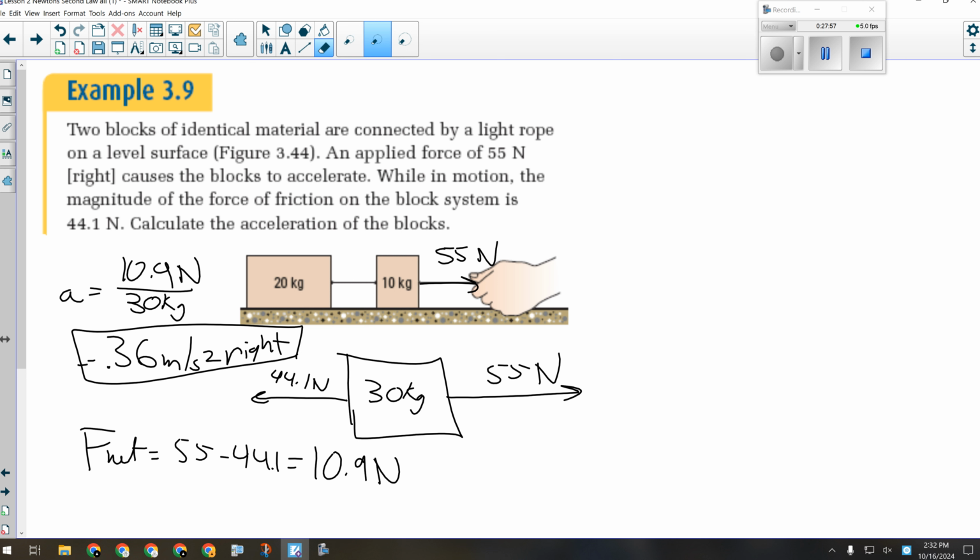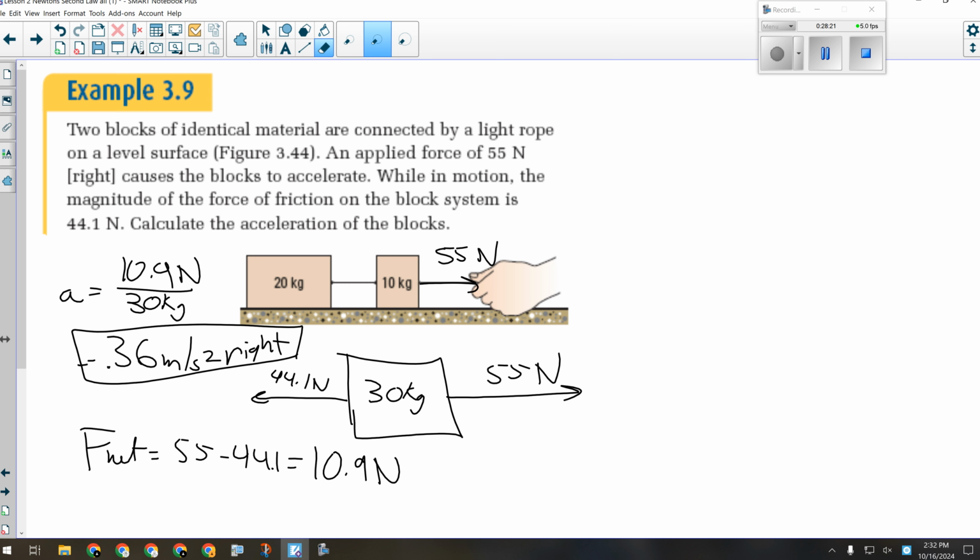So the next step in a question like this is to ask you about forces within the system. For example, what's the tension in the rope connecting the two boxes? When you were a kid, did you ever pull a wagon behind you? Maybe you still do, I don't know.